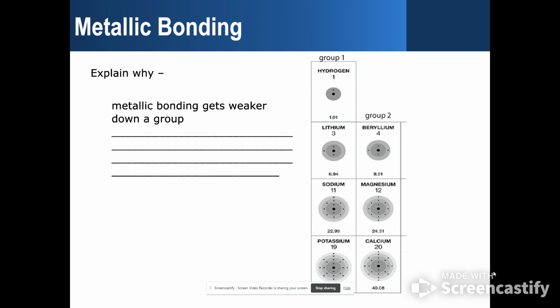however, the bonding is getting weaker. If you look at these diagrams, you can see that they are getting larger. We are getting more electron shells. However, the charge on each ion is staying the same. So lithium and potassium both have a +1 charge. But in lithium, due to it being smaller, that charge is shared out over a smaller area, meaning that the charge density is greater.